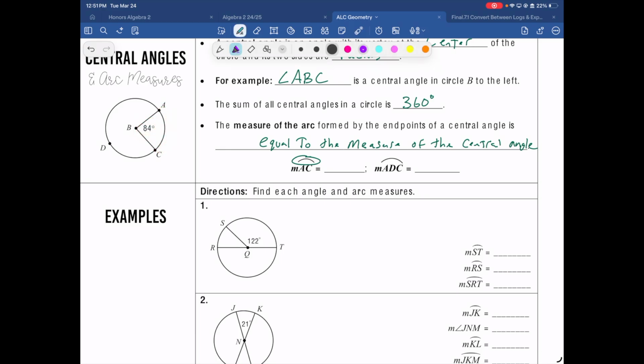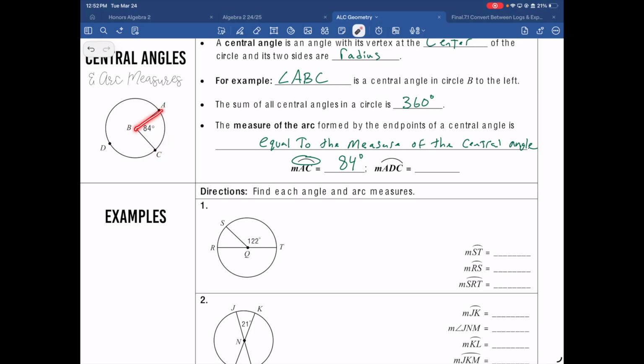So arc AC in this case is 84 degrees. How do I know that it's created it? I just follow it along. Here's my central angle. If I were to close the central angle, it would eat up the arc. Think of it like an ice cream cone: the arc is the ice cream, and the angle is the cone.